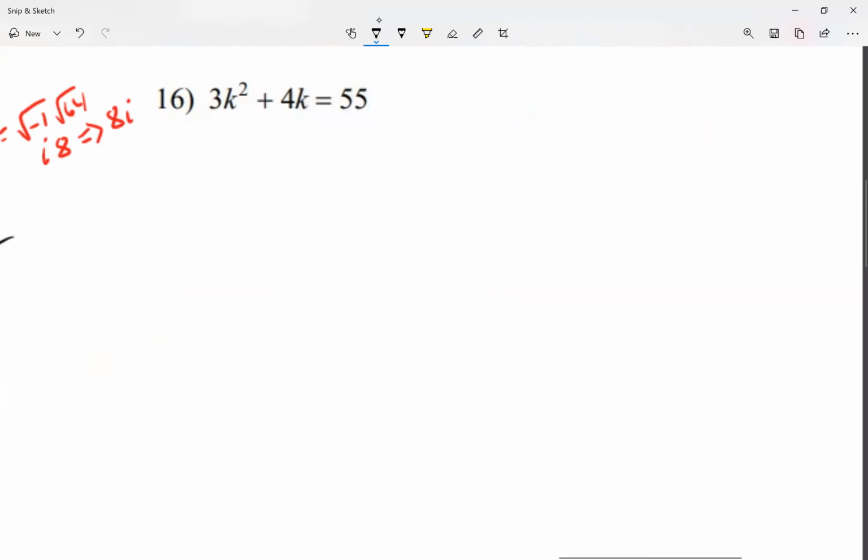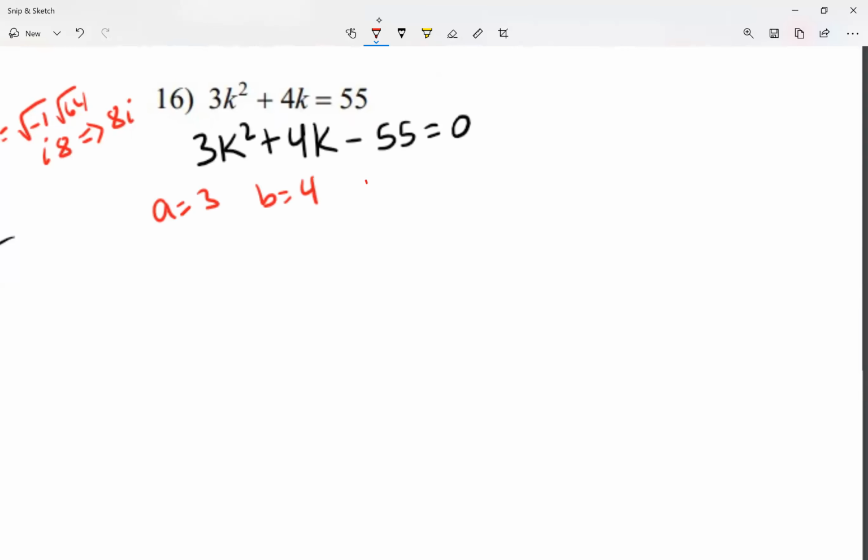Now let's take a look at our last example. Let me rewrite this as 3k squared plus 4k minus 55 is equal to 0. So my A value is 3, my B value is 4, and my C value is a negative 55.